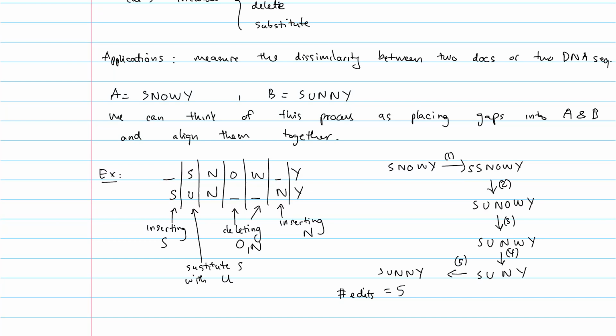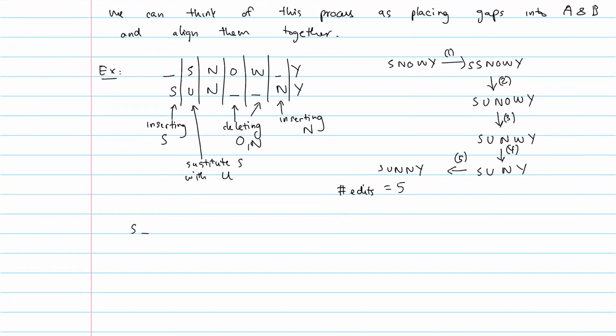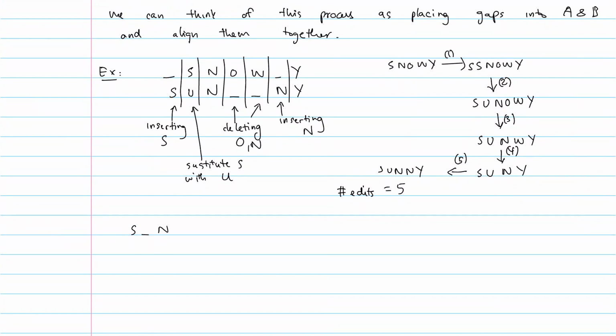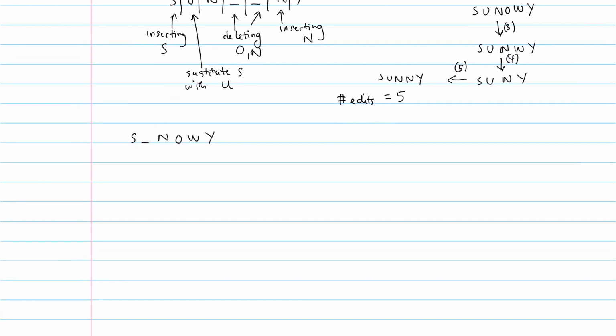For example, we can do something like this. We place a gap between the two letters S and N in A, and we place a gap between the last two letters N and Y in B. Now, in this transformation, we only have an insertion, a substitution, and a deletion.